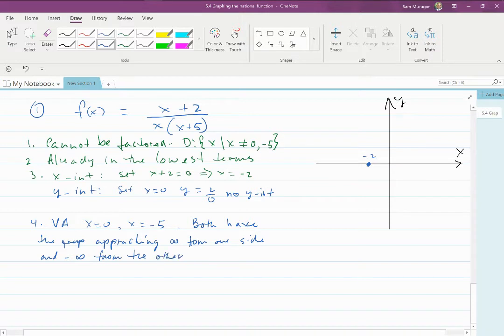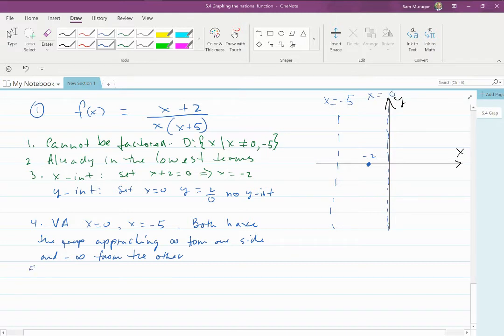So we're going to go ahead and draw in these two asymptotes. We have an asymptote at negative 5 and one at 0. We can't really see this, but it's there, okay? So x is equal to negative 5 and x is equal to 0.